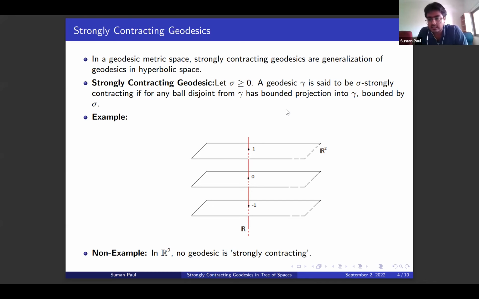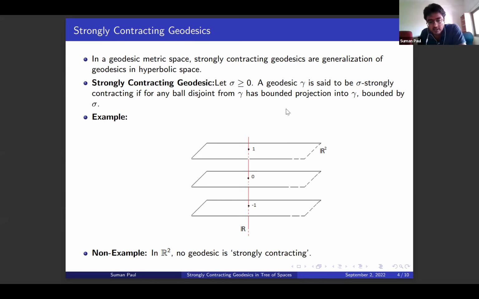Okay. So we have already seen examples of strongly contracting geodesics, which are geodesics in hyperbolic metric space. But are there any more examples? I mean, for example, if I take a non-hyperbolic metric space, can we find some strongly contracting geodesic there? So this is an example of a non-hyperbolic metric space where there are strongly contracting geodesics. Let me first describe the space.